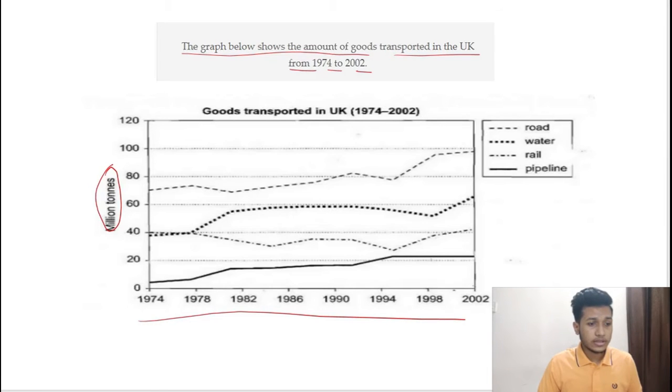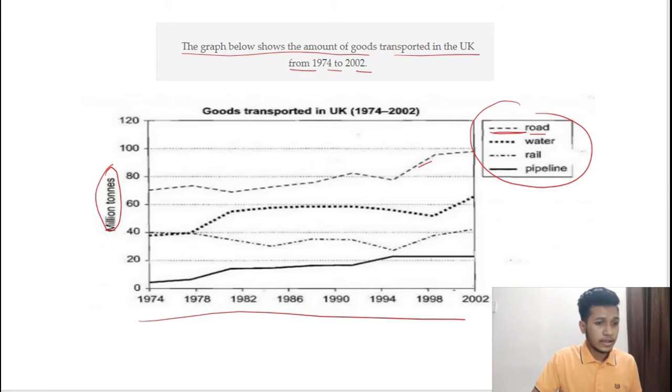And you can see that there is a box here: the dotted line means road, like these lines, and the other dotted line means water, like this. Then the rail line is these, and the last, pipeline, is the bold line.